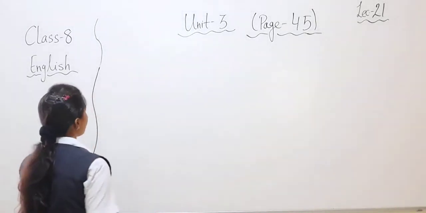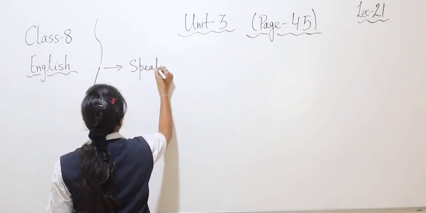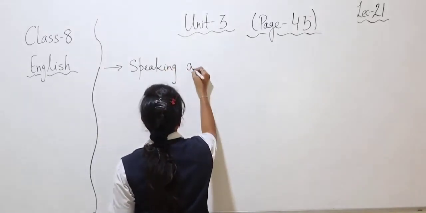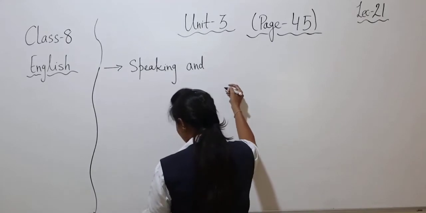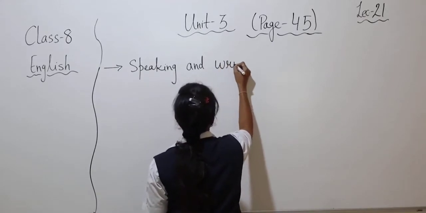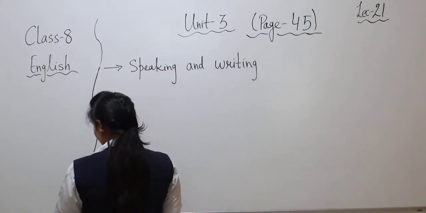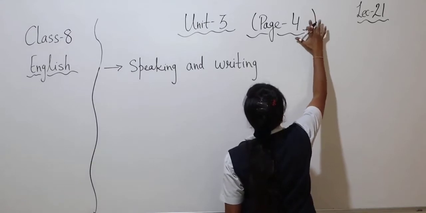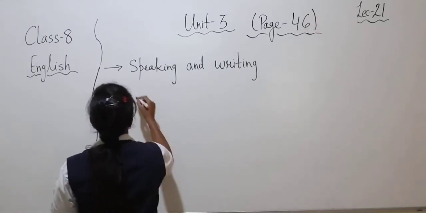Write down speaking and writing. See here what I have written, the page number, that is the starting page number from where I started. Okay. Now speaking and writing, it is given on page 46. This one. Okay.